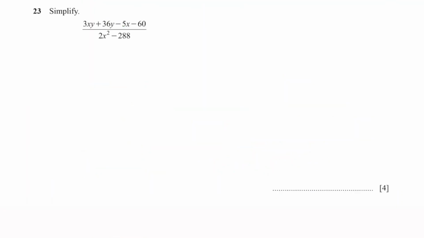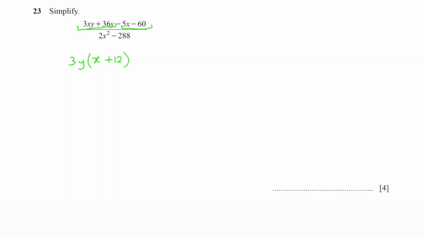Question number 23. In this question we have to take out common factors from these two terms and from these two. I can take out 3 and y as common, so I'll be left with x inside, and plus 12, since 12 times 3 was 36.